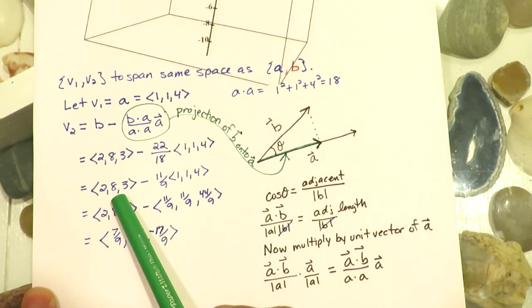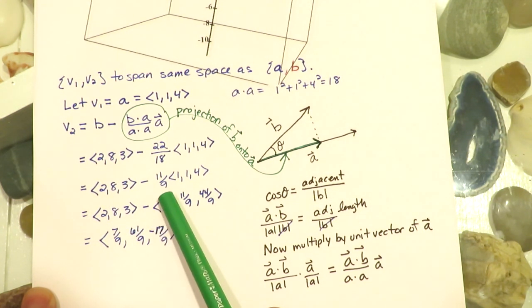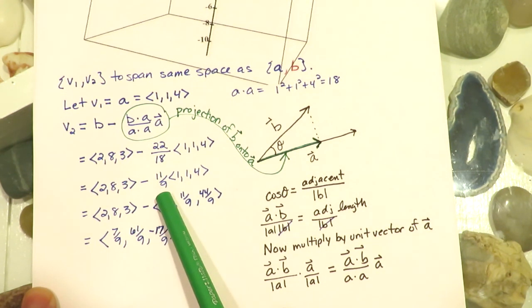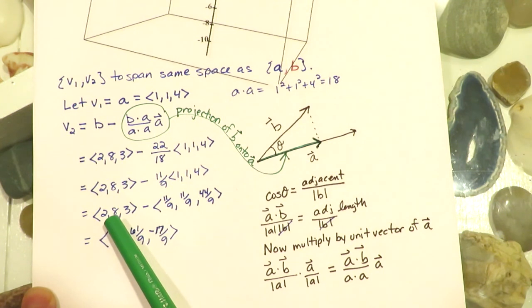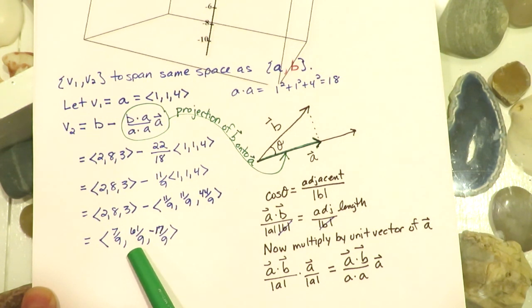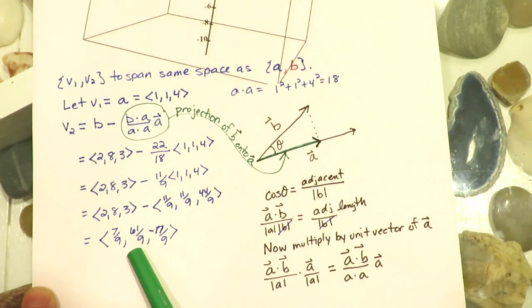So the vector (2, 8, 3), I'm going to subtract 11/9 times vector A. I just divided 22 and 18 by 2. If I distribute the 11/9 through vector A and carefully do the fraction arithmetic, I get a new vector V2 with first component 7/9, second component 61/9, and third component -17/9.